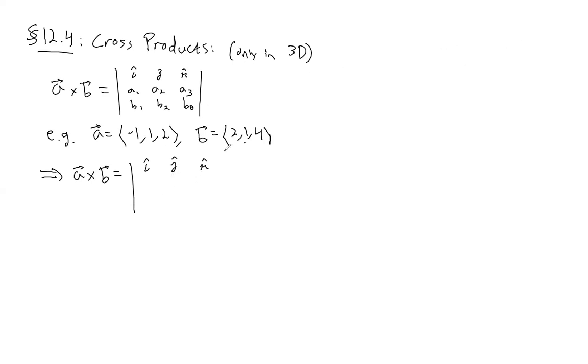My bad. -1, 1, 2, 2, 1, 4. And if you do this out, what does that become? 1 times 4, minus 2, right? That's going to be 1 times 4 minus 2 times 1. Right? That's the first term.